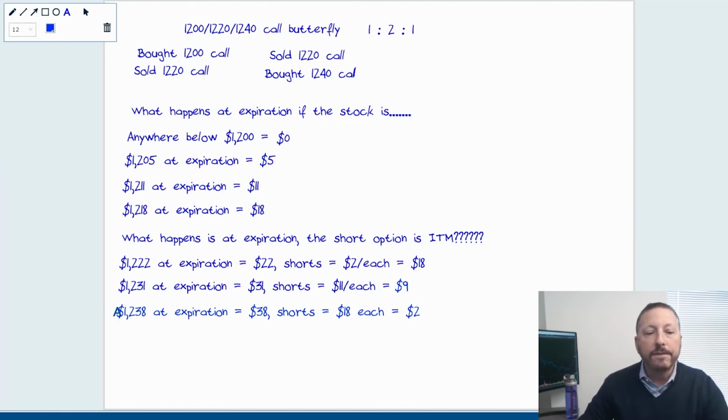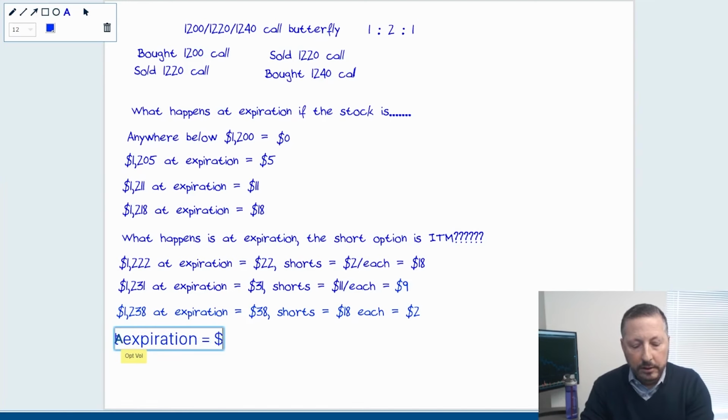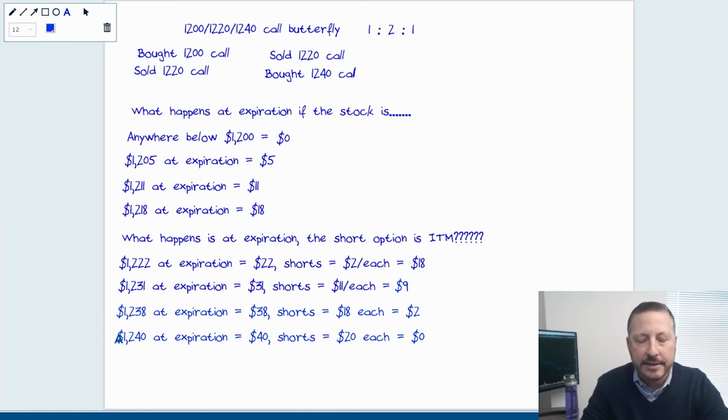And then at 1240, the magic of 1240 being the upper end, the long is going to be worth 40. The shorts are worth $20 each. So the overall value is 0. What happens then at any price over the top strike at expiration, the value is going to be 0.